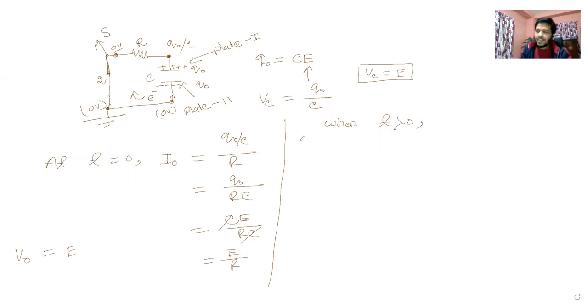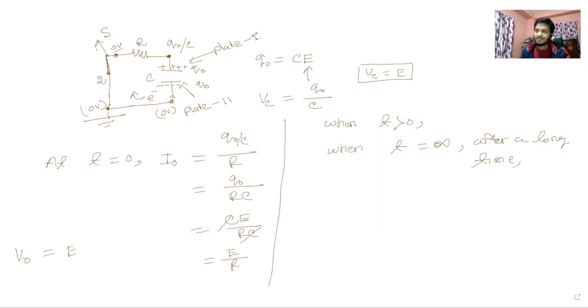Then after a long time, that means when t equals infinity, what will happen? All the negative charge will be transferred from plate 2 to plate 1, and all those negative charges will cancel all the positive charges on plate 1.